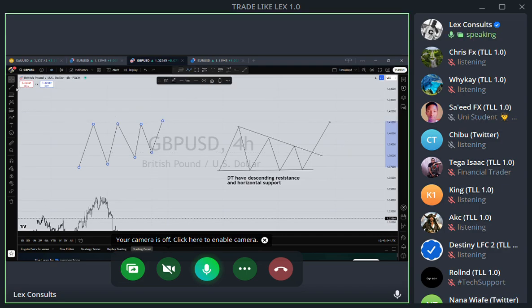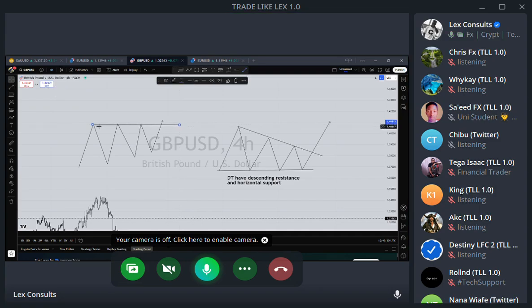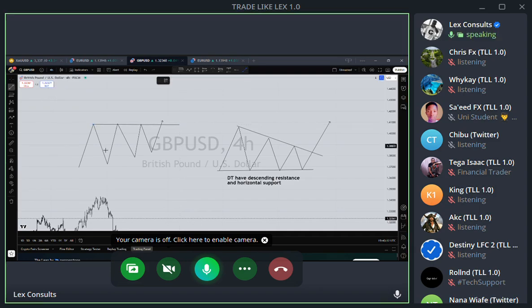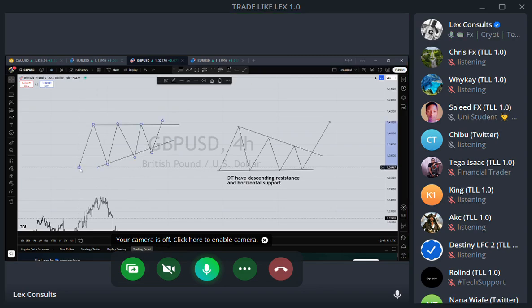Okay, it can break to anywhere. It's neither a reversal nor a continuation pattern. The support is ascending, alright, support is ascending.